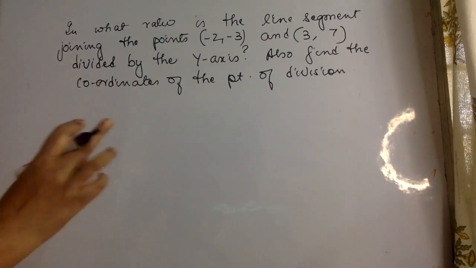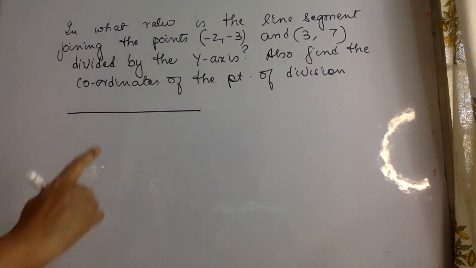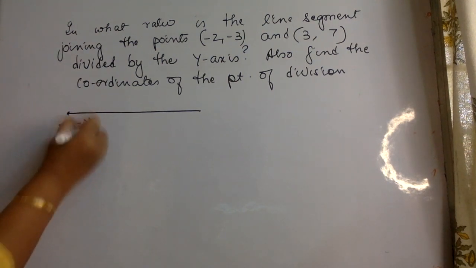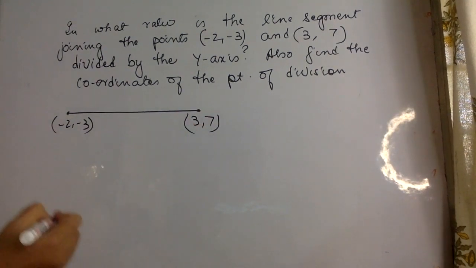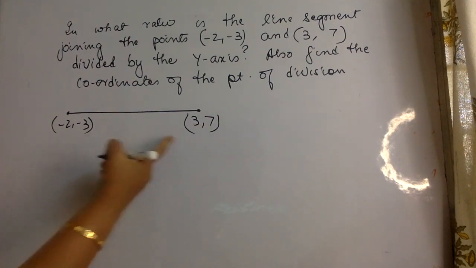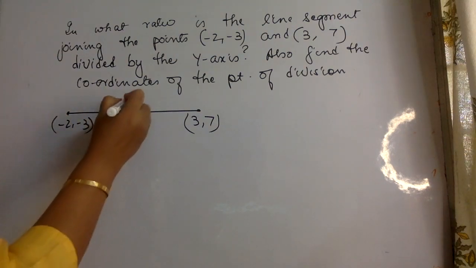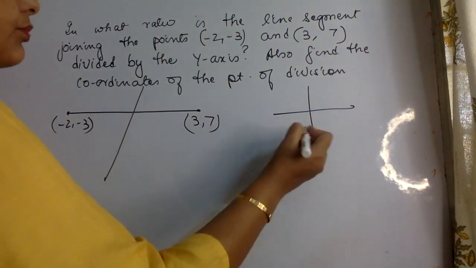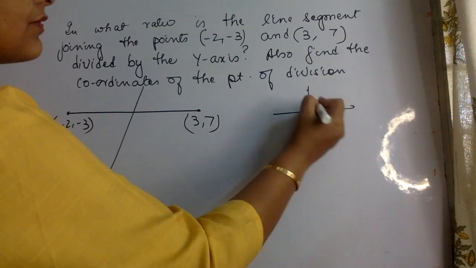Now this question: in what ratio is the line segment divided? The moment the question says line segment, please draw it. It reduces your chances of mistakes to half. So here I have the line segment joining these points, and it is divided by the y-axis. Now remember, for any point on the y-axis, the x value is 0.